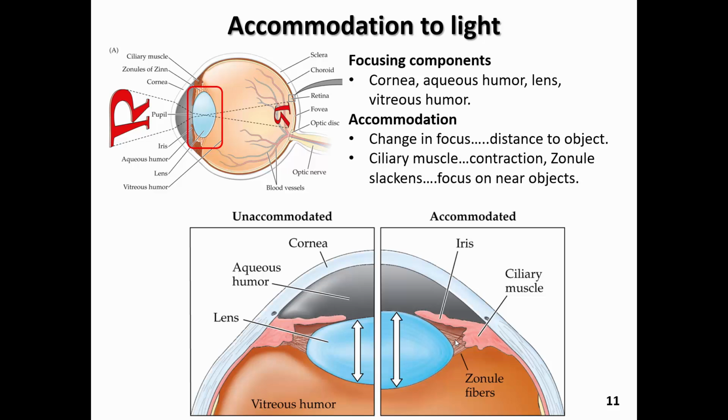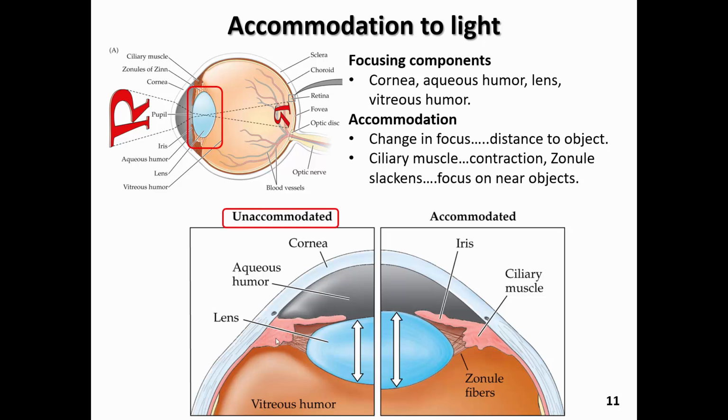They are connective tissue types of tendons, if you will, that transmit the force produced by the ciliary muscle to the lens. But when the ciliary muscle contracts, it will actually relax the zonule fibers, and that will allow the lens to change shape and focus on near objects.